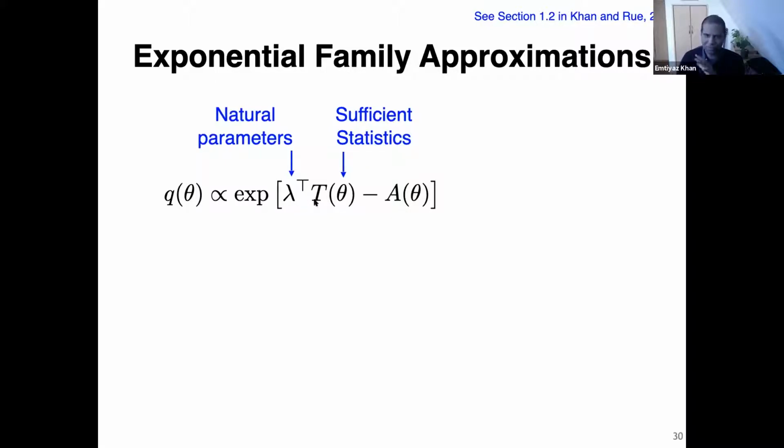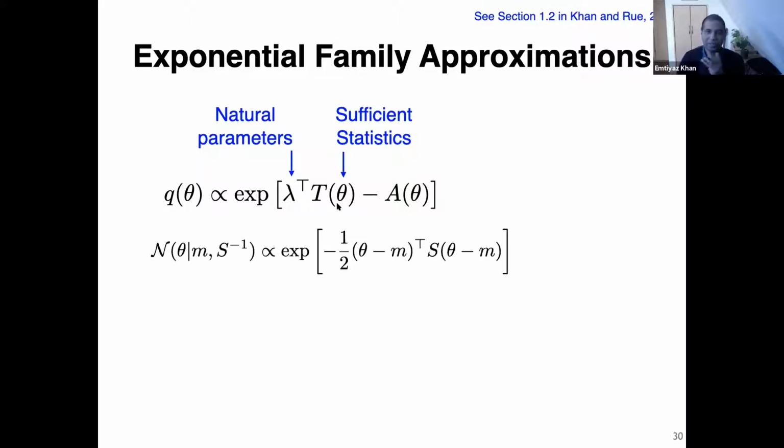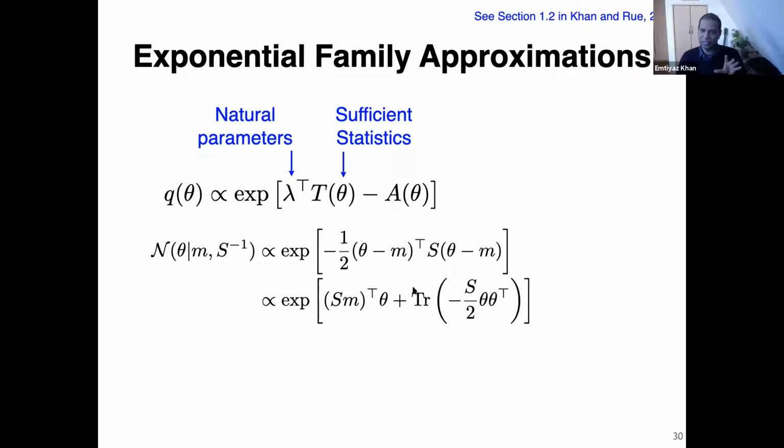If you don't understand this form, you can think of a Gaussian. In the Gaussian distribution, you see that it's written like this. S is the precision matrix, the inverse of the covariance, and M is the mean. You can rearrange these terms to have one term theta and the other term theta transpose, ignoring the constants.